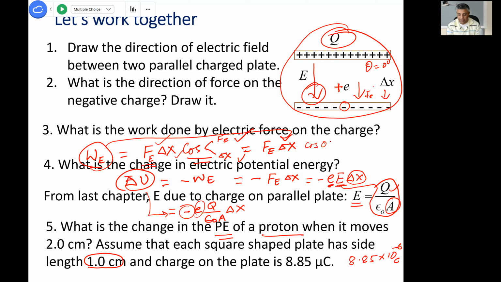Again, 0 degrees. Remember, last slide versus this slide, what's the difference? Last slide, we were pushing it so that it was moving up. Right now, we're not pushing it. We are just putting it there and letting it move, just like this.